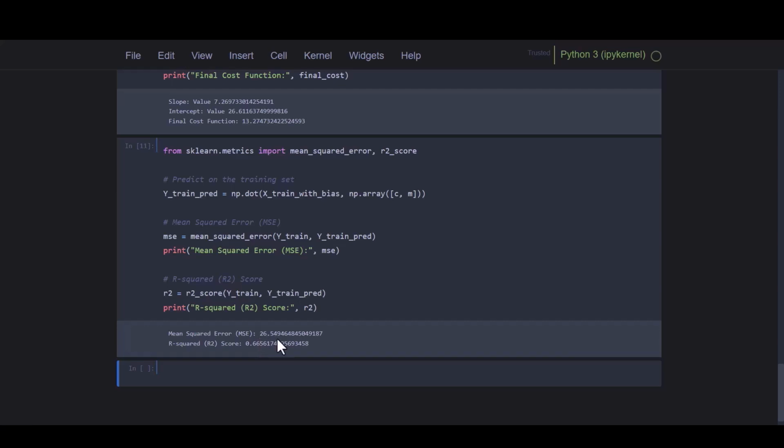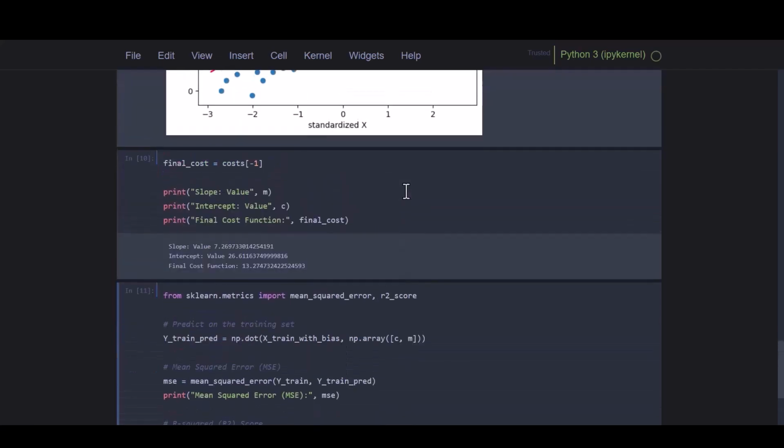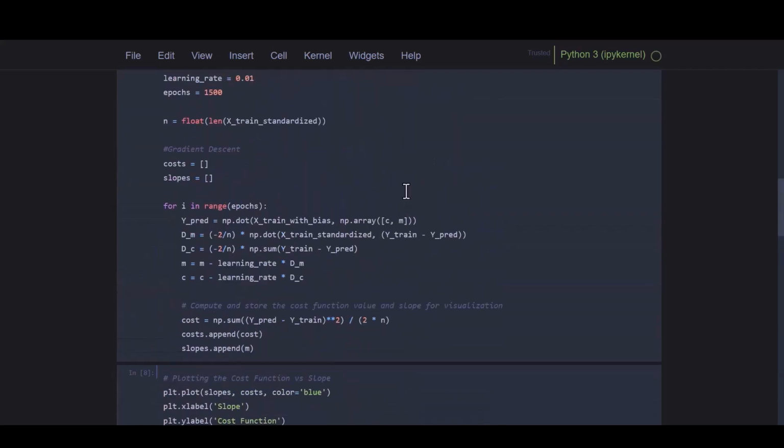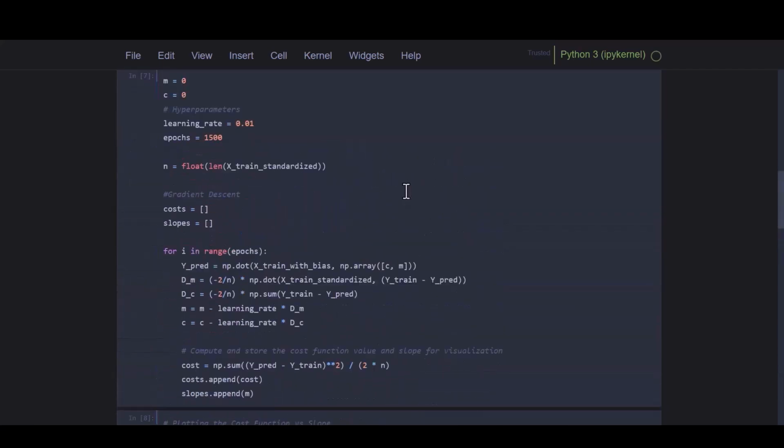So it got 61% accuracy when I used SkLearn, and it increased when I implemented it manually. Implementing is easy when using SkLearn, but it is important to understand how linear regression works in the background. So if we implement it manually, we will get a better understanding of how linear regression actually works and how gradient descent works.